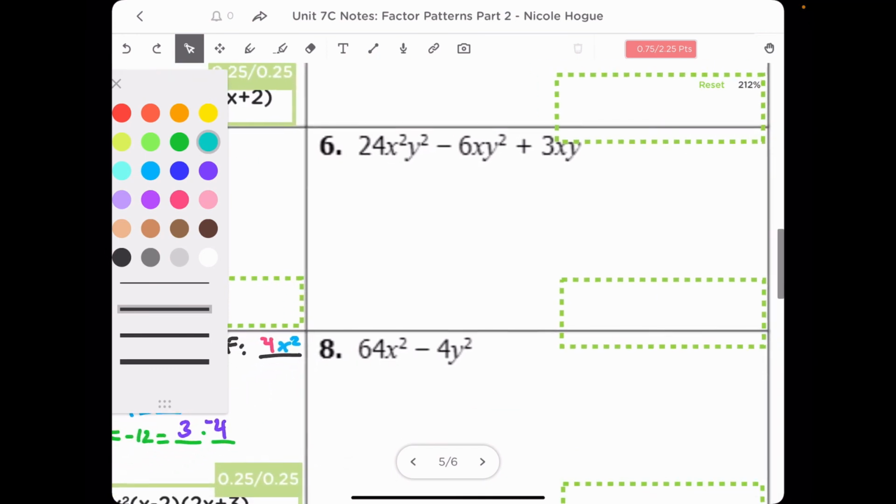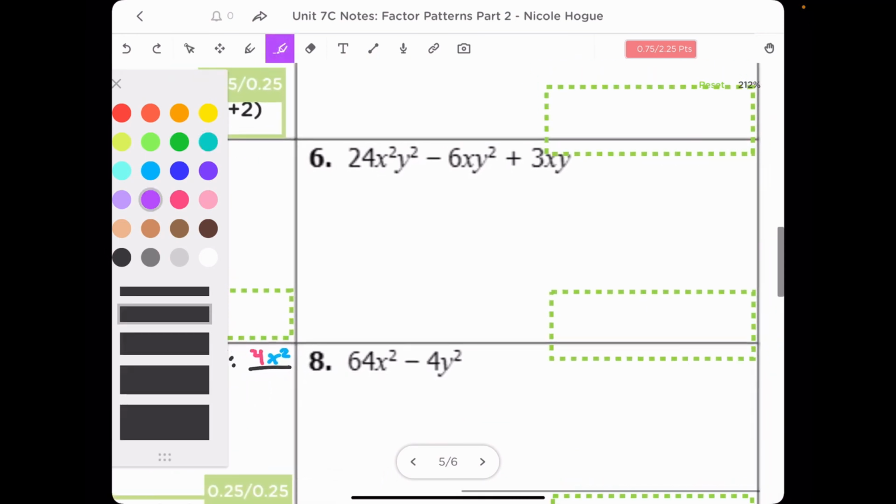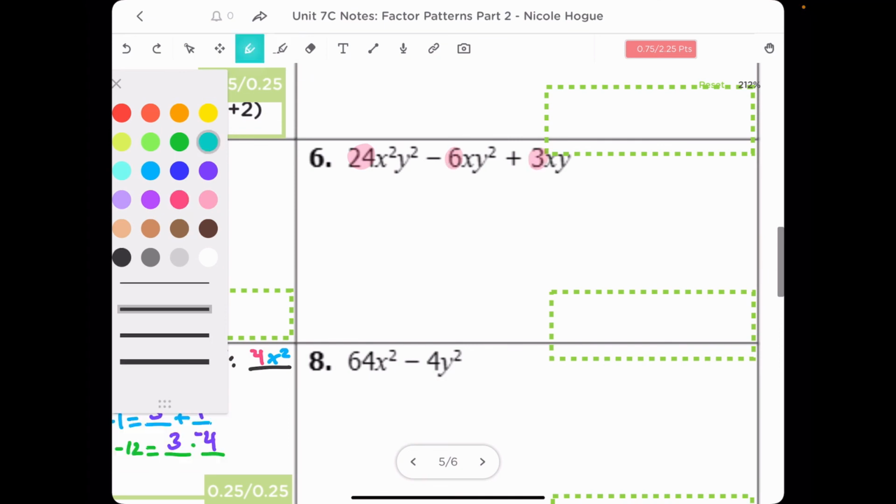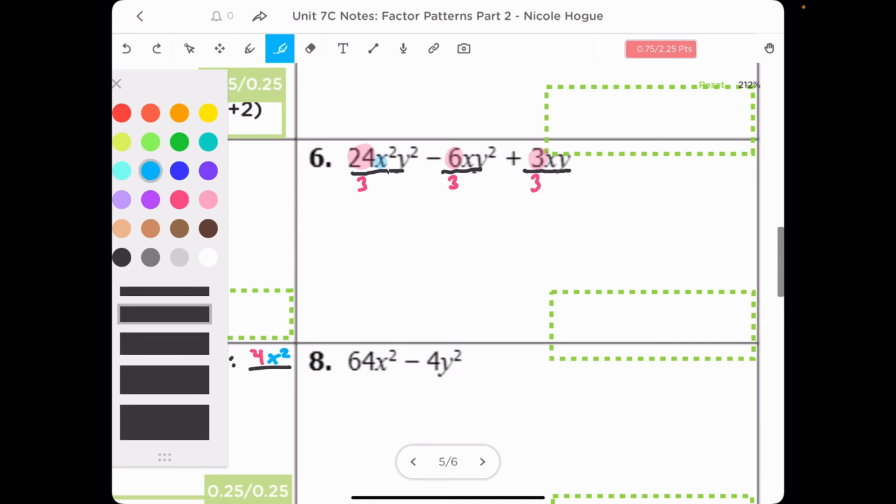So number 6 here, we have our numbers 24, 6, and 3. The first thing we want to do is determine the greatest common factor between 24, 6, and 3, which we know 3 is a factor of all those. So I know that I can pull out a 3. Now I look at the variables: I have an x squared, an x, and an x.